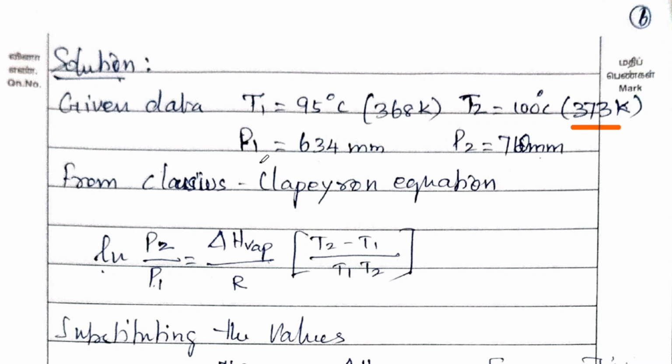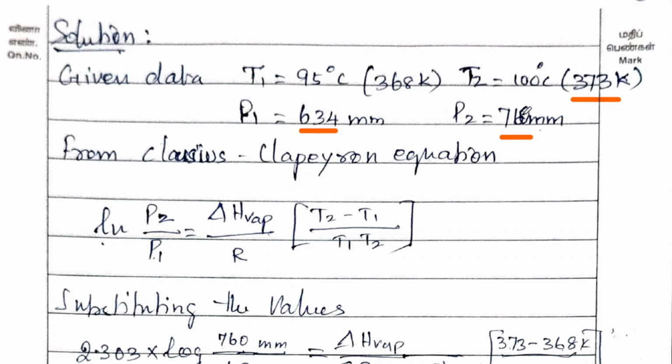The pressures are given respectively: for T1, 95 degrees Celsius, P1 is 634. For T2, 100 degrees, P2 is 760 mm of mercury.